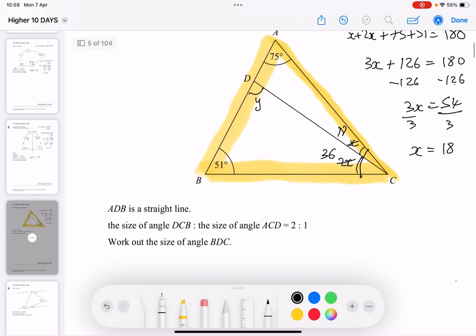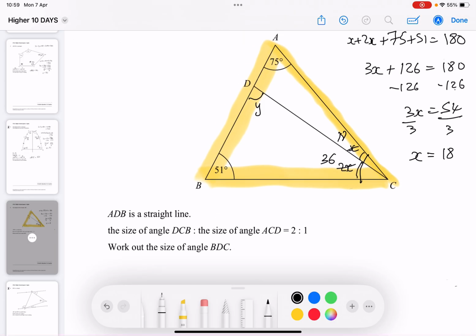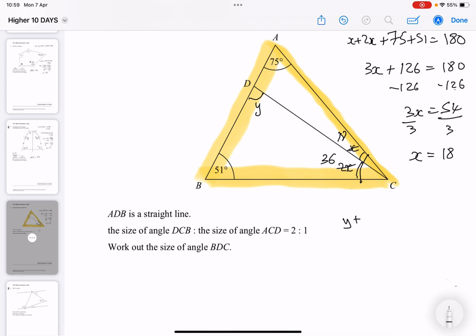Now to find my angle BDC, which is y, I can just say that y plus 36 plus 51 equals 180 because it's a new triangle, i.e. that triangle there.